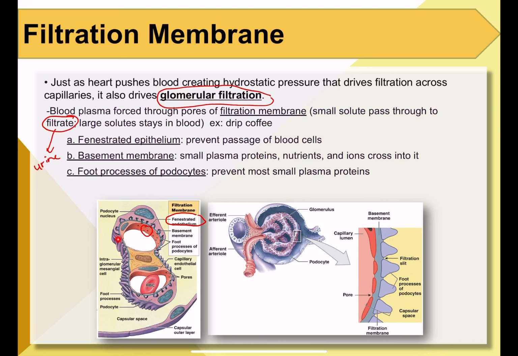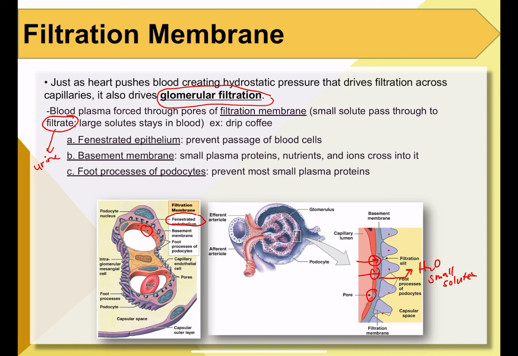And then these foot processes, you see these spiky things that you're seeing around, those are the foot processes of those podocytes that are wrapping around your capillaries, okay? Those will be what prevents most small plasma protein from even going through. So here's those pores from the fenestrated capillaries, allows those things to travel into the basement membrane. And these are the foot processes of those podocytes, which will then only allow water and small solutes to go through.